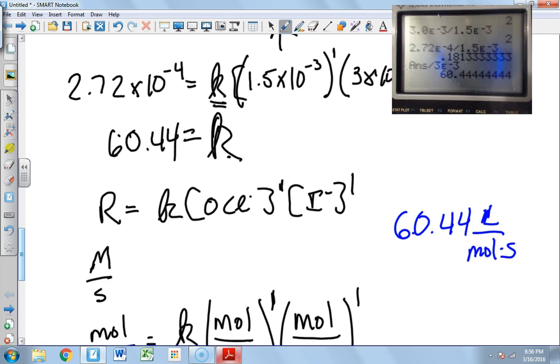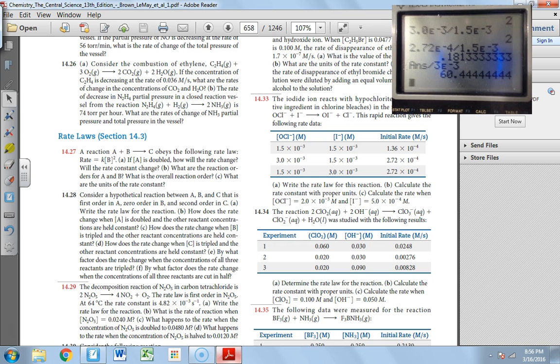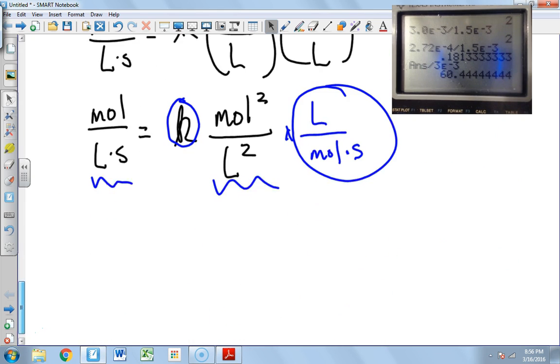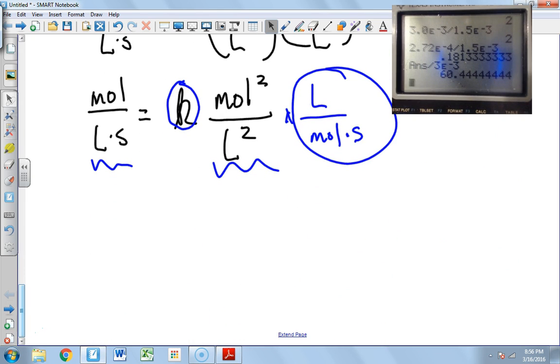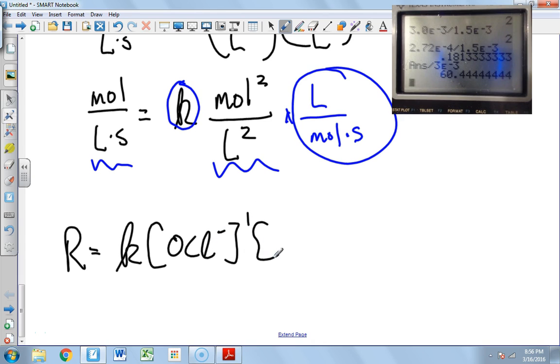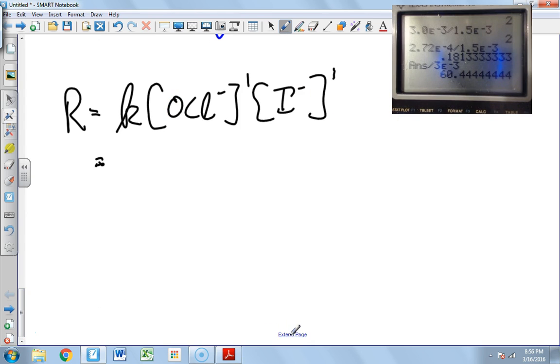Now there's one last part to this problem. It says calculate the rate when the concentration is 2 times 10 to the minus 3 and 5 times 10 to the minus 4. Well, now that we have K, we can calculate it at whatever concentrations we have. So for part C, we have rate equals K, the concentration of OCl minus to the first, I minus to the first. The rate is the thing we're trying to calculate.